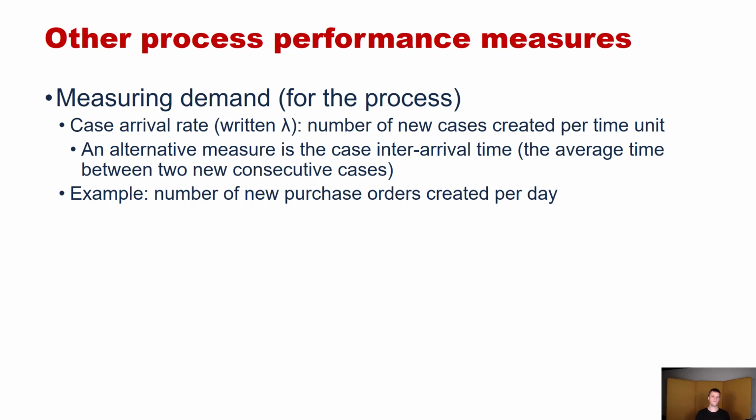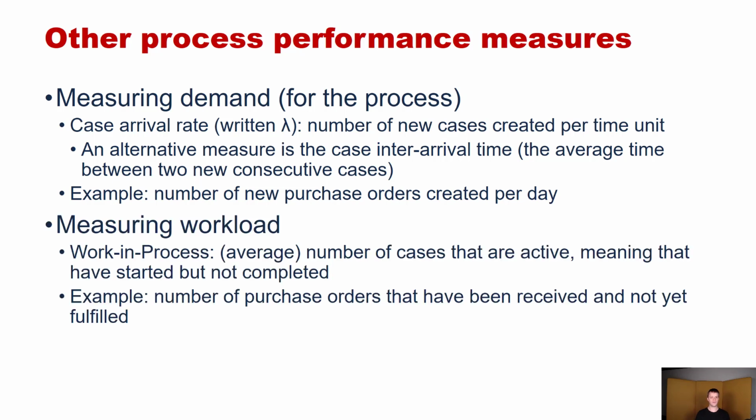An alternative measure is the case inter-arrival time, which means the average time between 2 new consecutive cases. An example of measuring demand would be the number of new purchase orders created per day. The second metric I want to show you is measuring the workload.